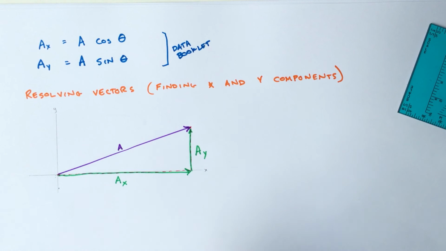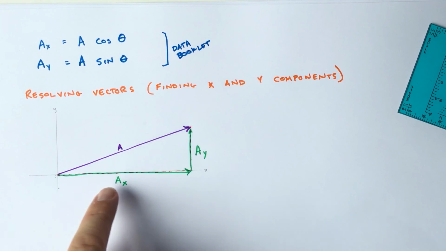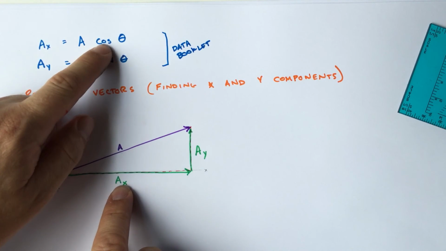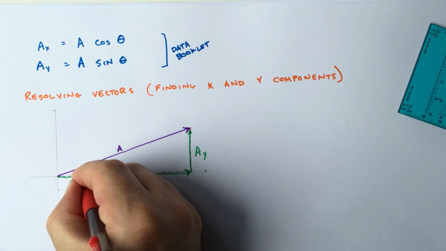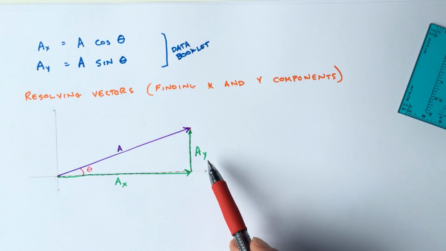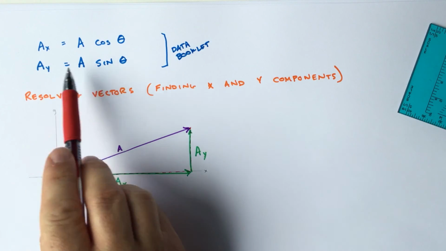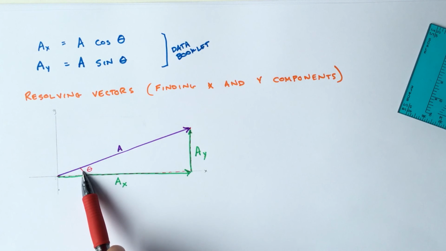So if I know what A is, then I could find AX by taking A times the cosine of theta, where my angle theta is this angle here. And I could find AY by taking however big A is times the sine of my angle theta here.